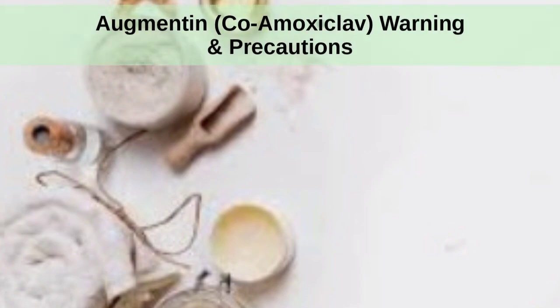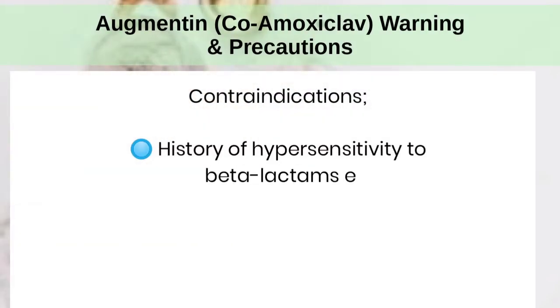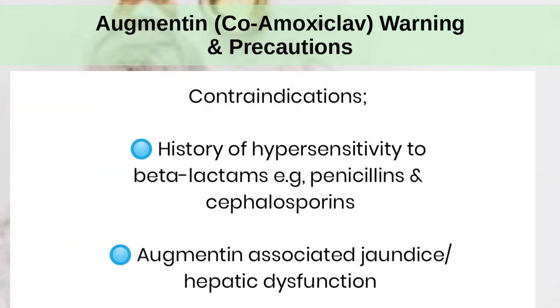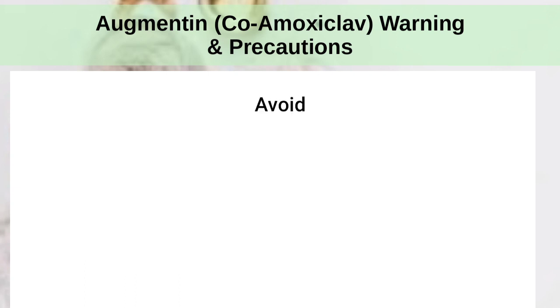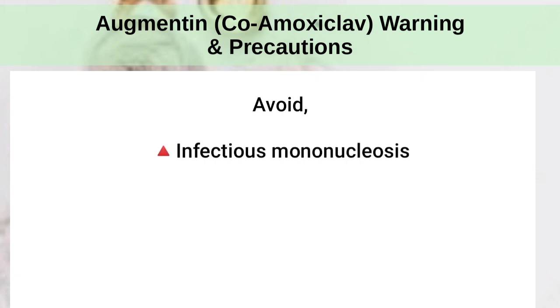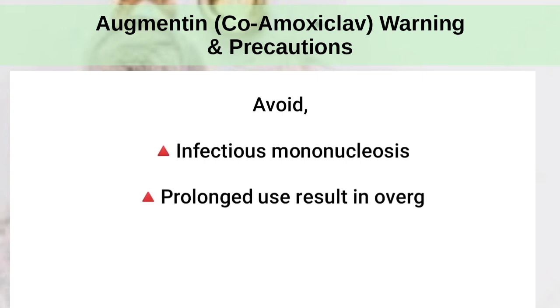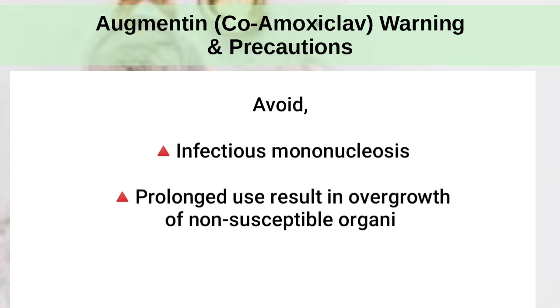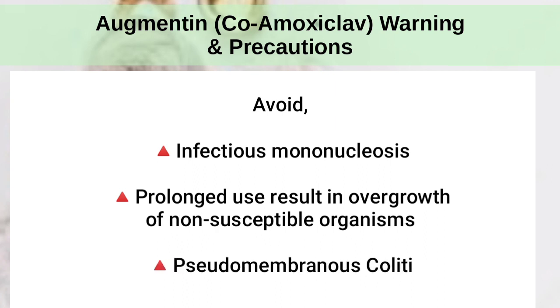Warnings and precautions. The individuals should take care of hypersensitivity reactions to amoxicillin and penicillin. Augmentin should be avoided if infectious mononucleosis is suspected. The prolonged use may also occasionally result in overgrowth of non-susceptible organisms.